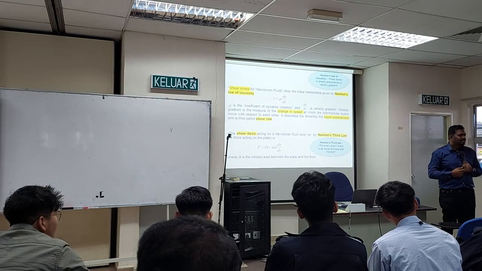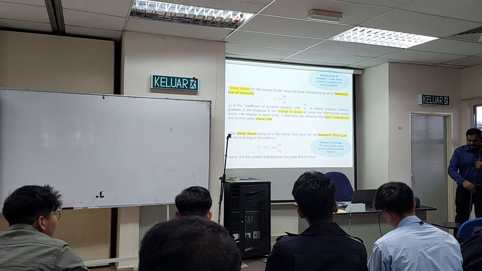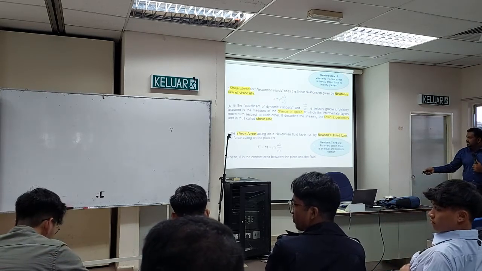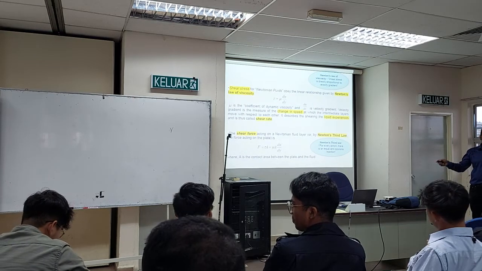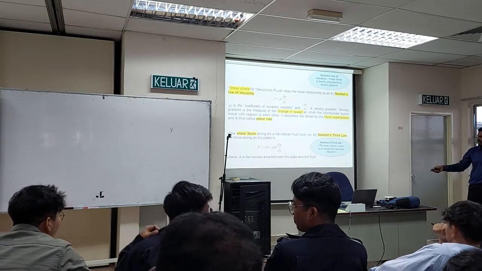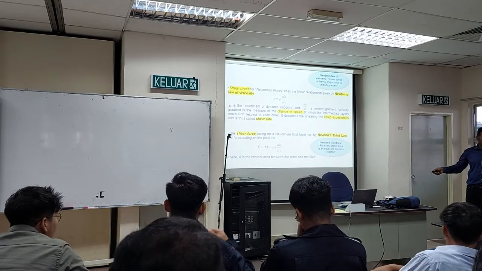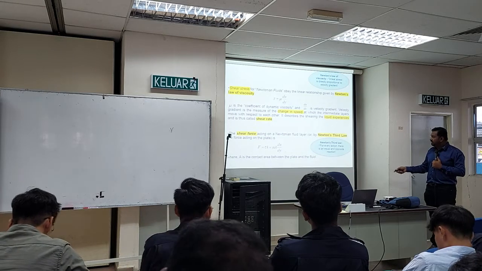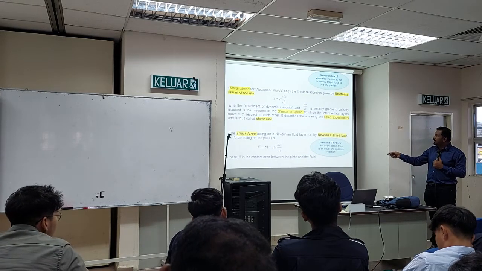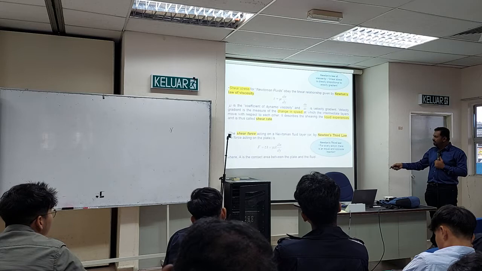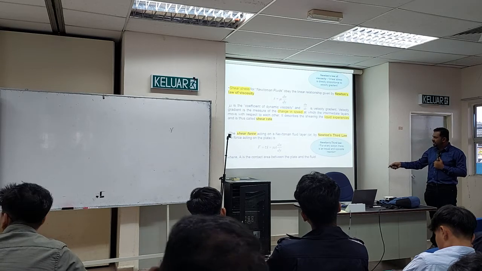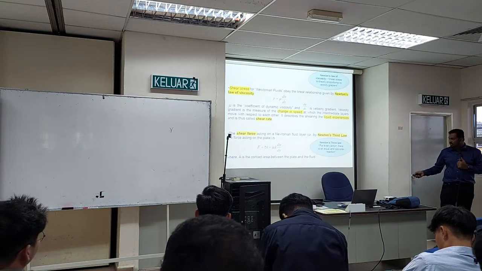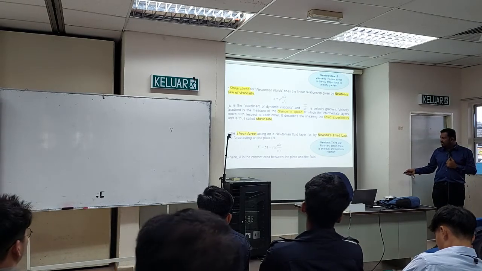F equals to ma, force equals to mass times acceleration. So you just ganti yang ni, F equals to tau A. So tau adalah mu du over dy, kali dengan A. Ini adalah satu lagi formula yang you akan selalu gunakan. So A is the contact area between plate and the fluid.